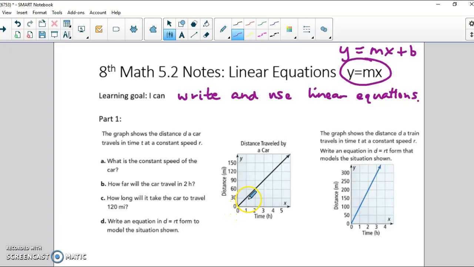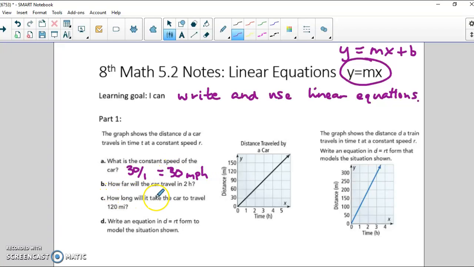In 1 hour, what is the distance that I have gone? So my speed or my rate is going to be my y to x ratio. So I can go 30 miles per 1 hour. So my constant speed is 30 miles per hour.